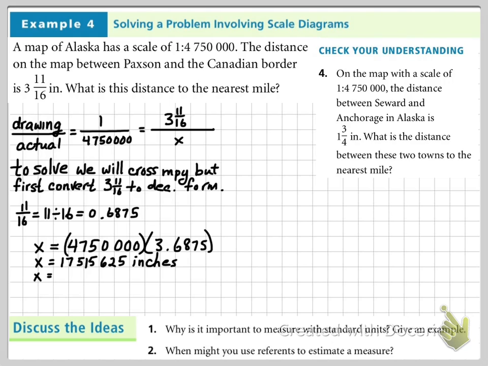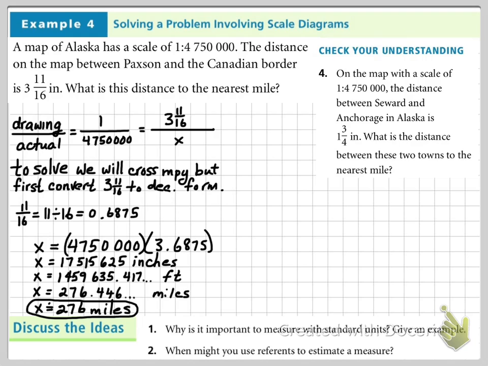Well, if I divide that by 12, I'm going to get 1,459,635 feet. And then if I take the feet and divide that by 5,280, I'm going to get 276.4, or approximately 276 miles.